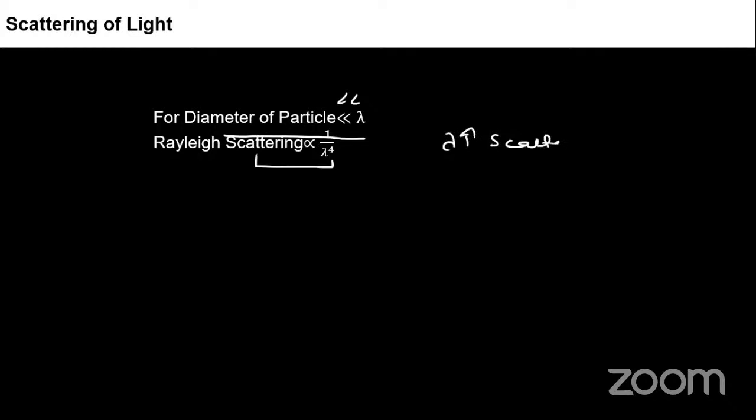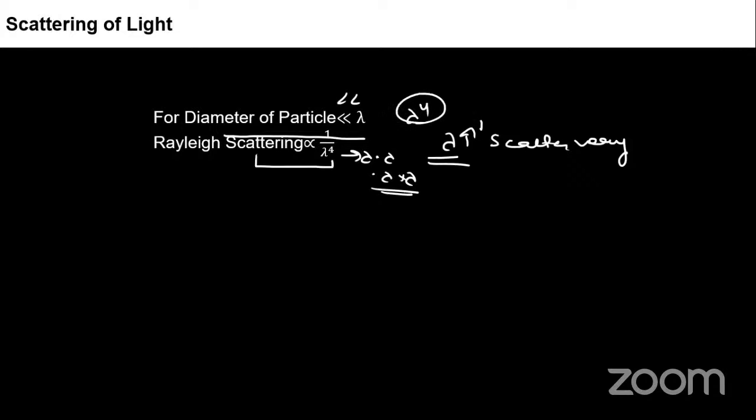If we see the mathematics, for a particle diameter less than the wavelength, say violet, indigo, red, whatever, there is something known as Rayleigh scattering. It means if lambda is greater, scattering will be very less, because if you just increase lambda, scattering is inversely proportional to lambda raised to power 4.